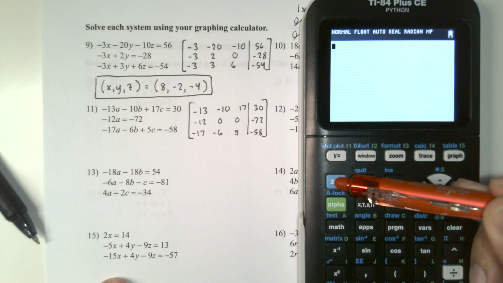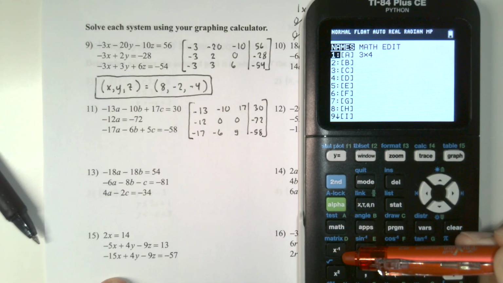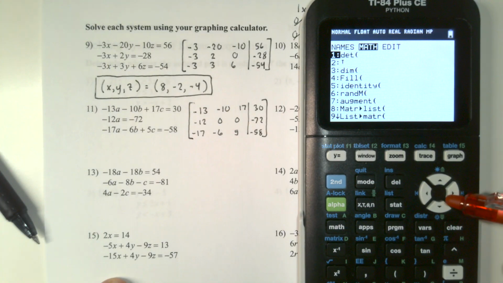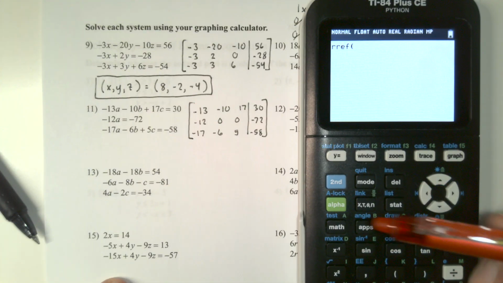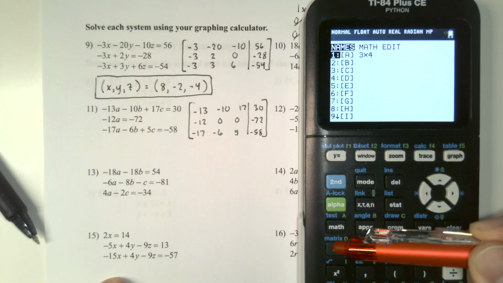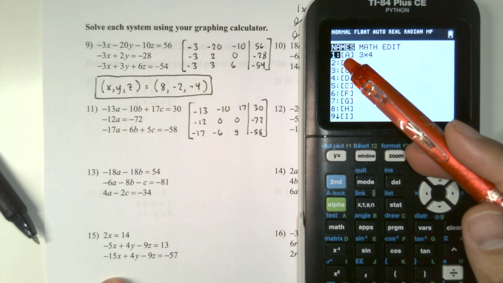And then we're going to do RREF, so second matrix, scroll over to math, scroll down to RREF, hit enter, second matrix. Now that we've edited matrix A, we're just going to refer to matrix A by name.